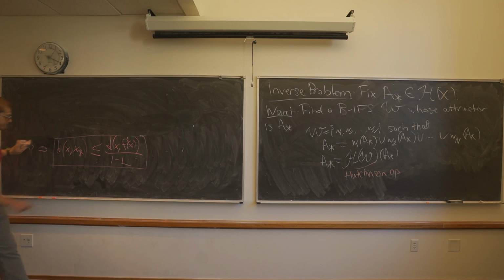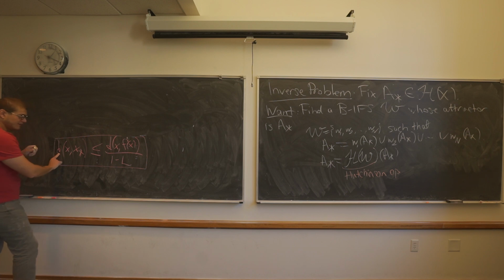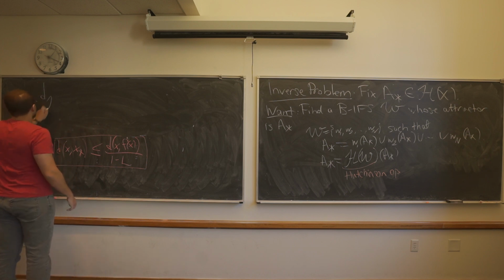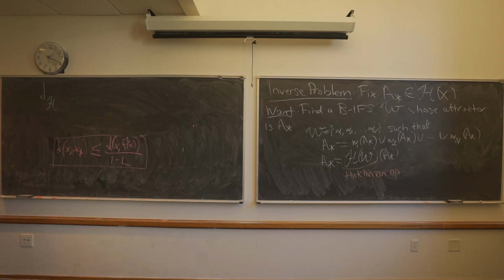So I want this. X star is A star. D is the Pompeiu-Hausdorff distance. X is some compact subset that I start with. That's my initial condition.